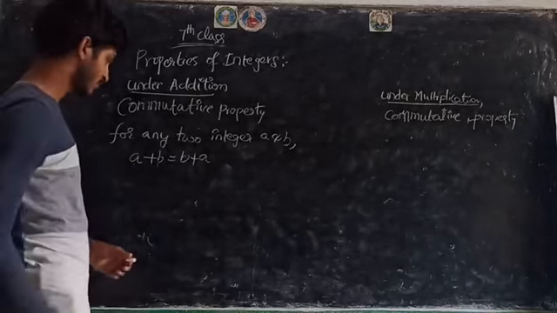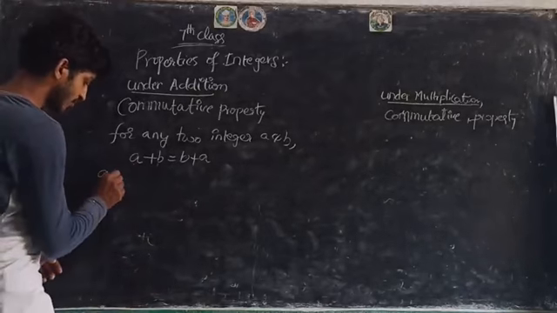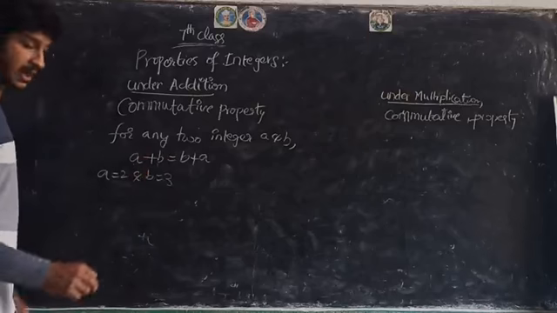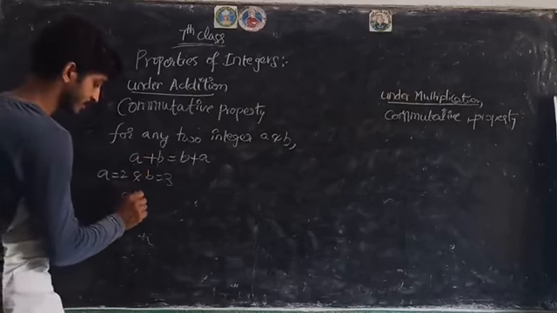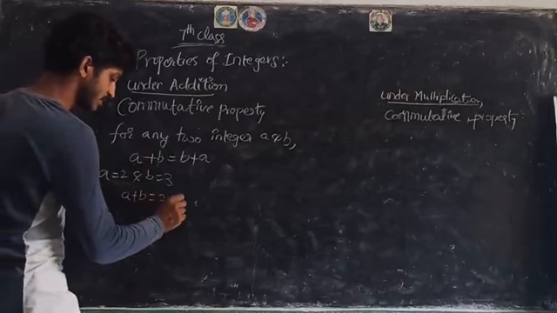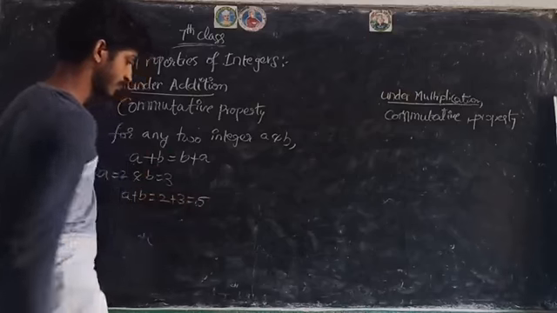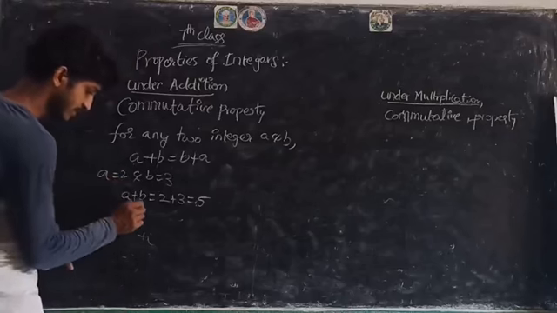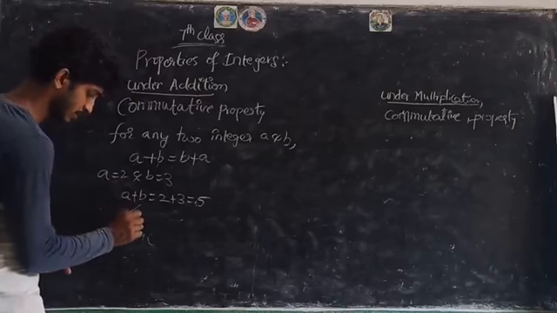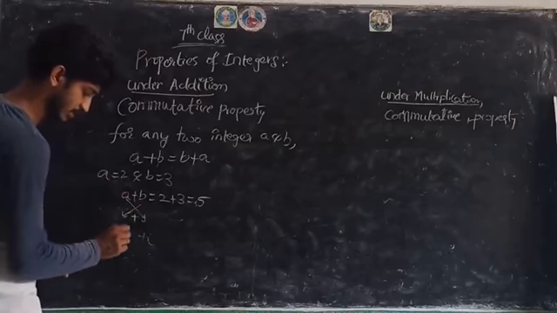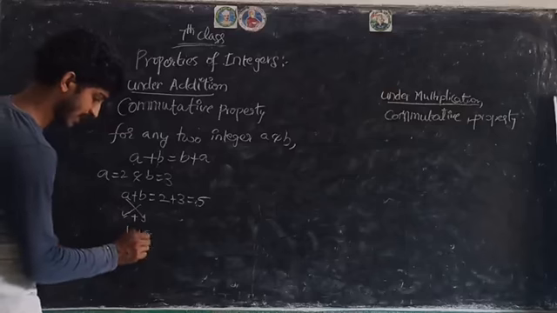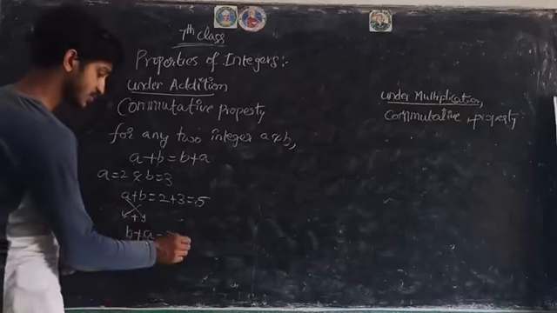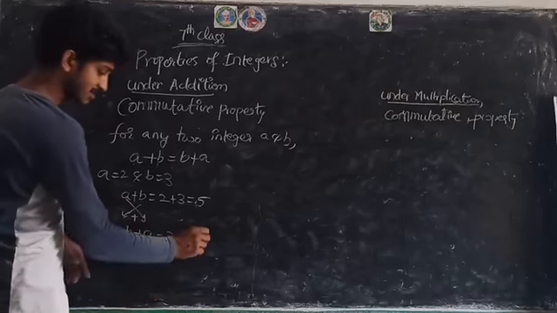See an example here: a is equal to 2 and b is equal to 3, and add a plus b, that is equal to 2 plus 3 is equal to 5, and replace these numbers' positions, means b to here and a to here, that equals b plus a. b is 3 and a is 2, and I am getting answer 5.